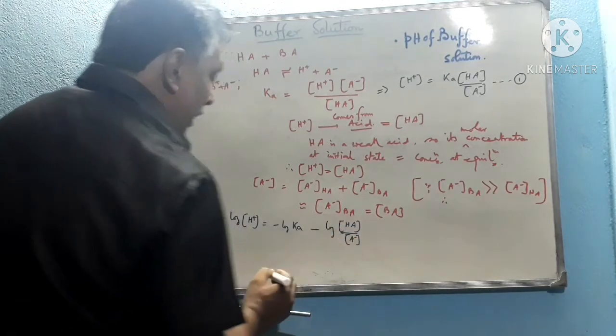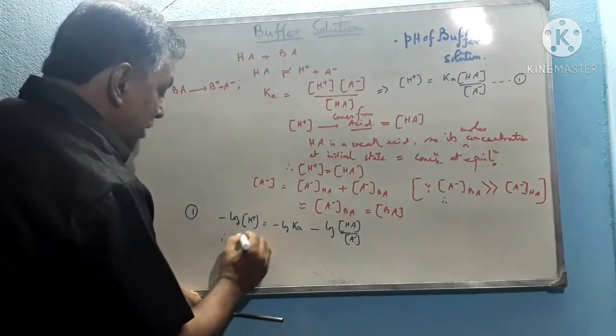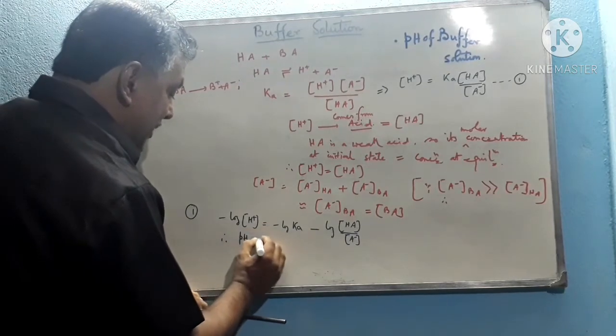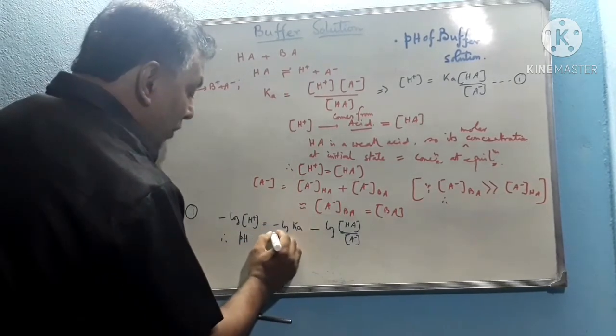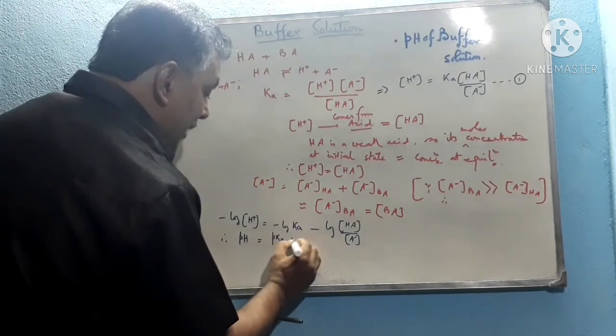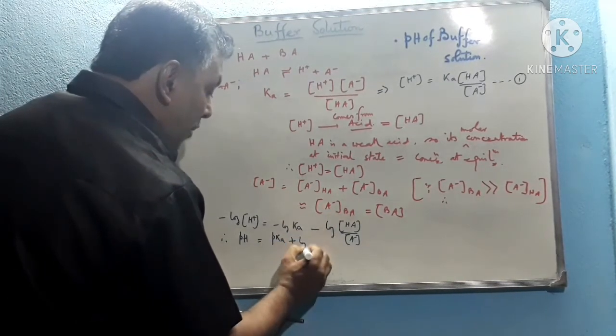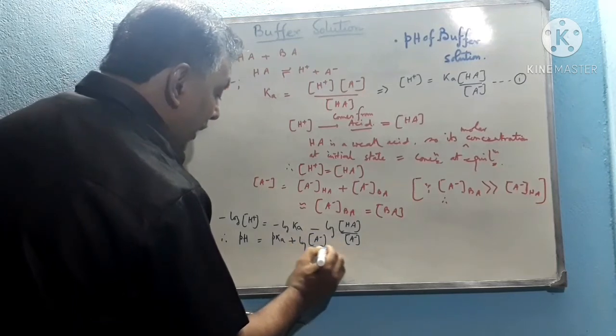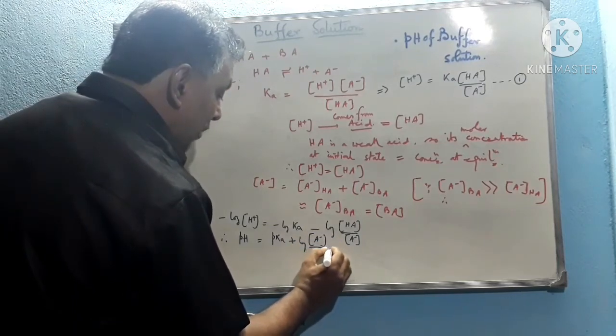Now minus log of H plus can be represented as pH. This is equal to minus log of Ka, which can be represented as pKa, minus, and if we revert the minus, then plus log of A minus divided by HA.